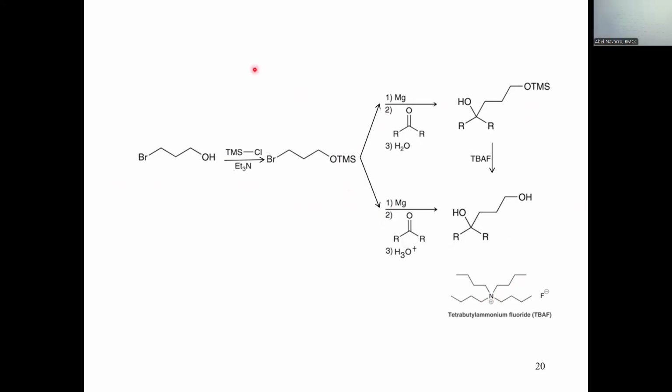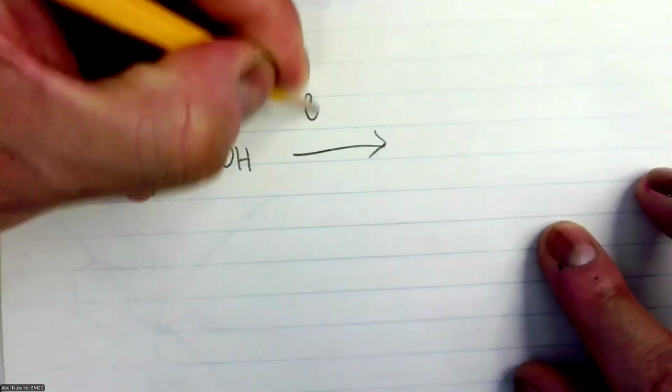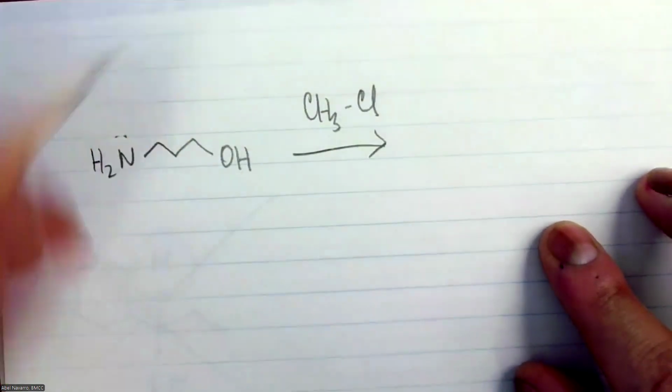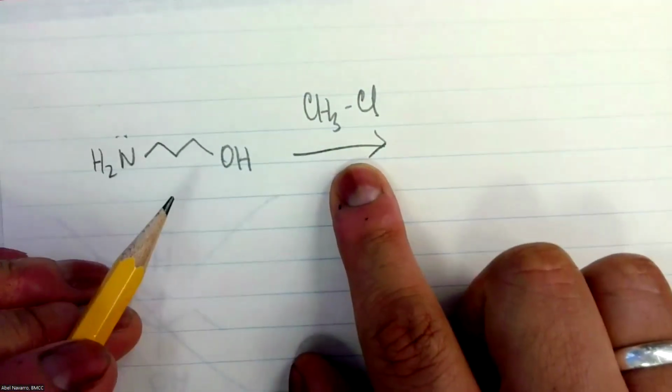Okay, I'll just give you another example of the use of alcohol protection. Let's say you have this particular amine, and you have an OH. You have these two. Let's say you want to react it with methyl chloride in an SN2 reaction. You would ask, what should I do?